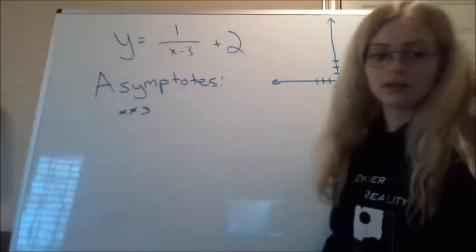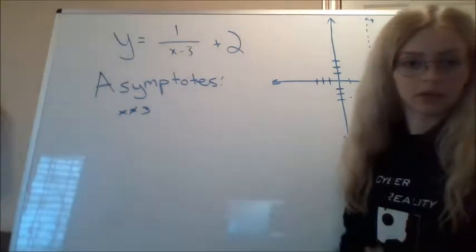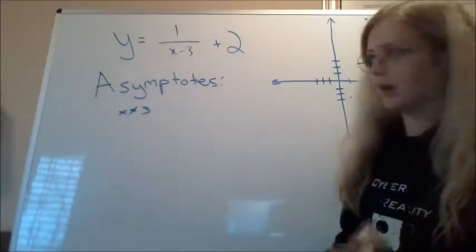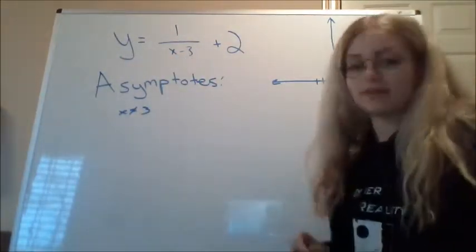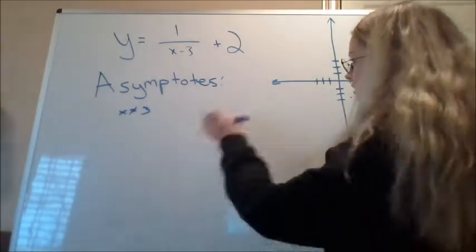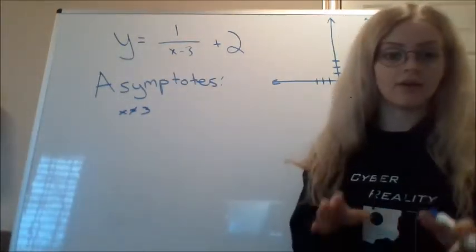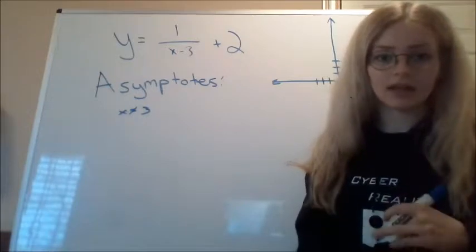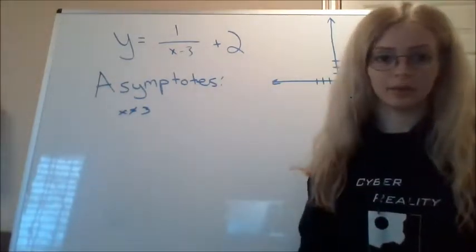On the other hand, if we were to take values that were very close to 3 but like 2.999999, we'd get a very small negative number in the denominator of this fraction. And 1 divided by a very, very tiny negative number would be a very big negative number.